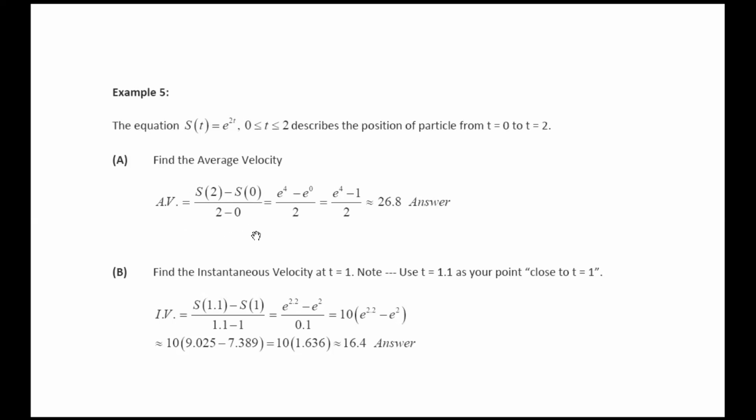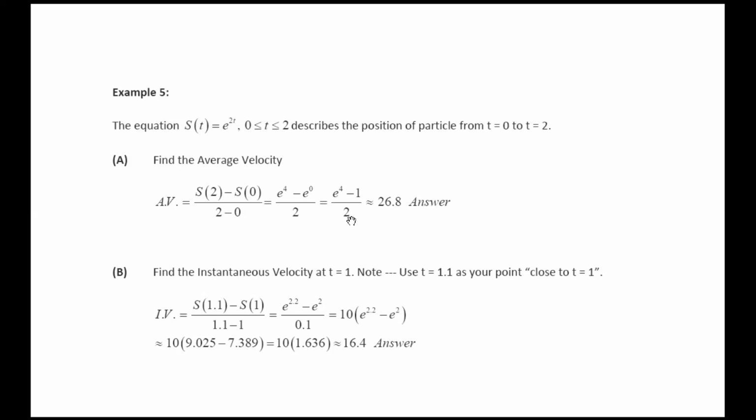We all have to know this setup, which is s of 2 minus s of 0 over 2 minus 0. Now, when you put 2 in for t, that's e to the 2 times 2, or 4. And when you put 0 in, that's 2 times 0, which is 0. And so this is e to the 4th minus 1 over 2.